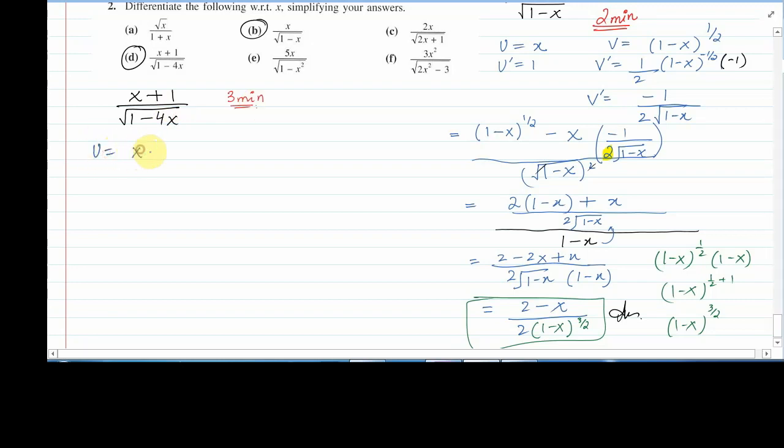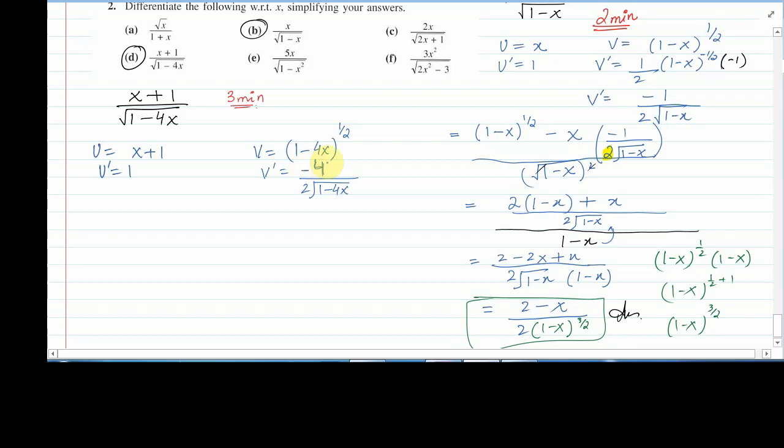It's x plus 1. V is what? It's (1 minus 4x) with the power of 1 upon 2. U dash is 1 and V dash is 1 upon 2 under root 1 minus 4x, and here we have 4. The derivative of 1 minus 4x will be minus 4.